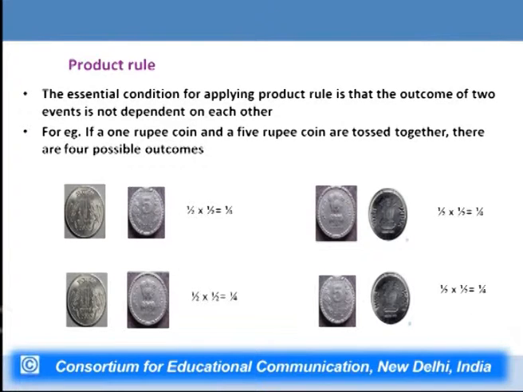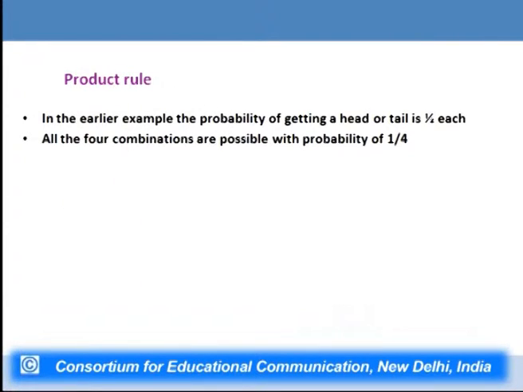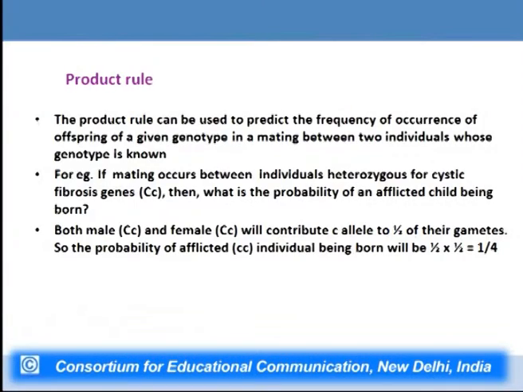So, all these 4 events can occur 1 out of 4 times. In this example, the probability of getting head or tail is 1 by 2, all the 4 combinations are possible, and the probability of each of the 4 combinations is 1 by 4.